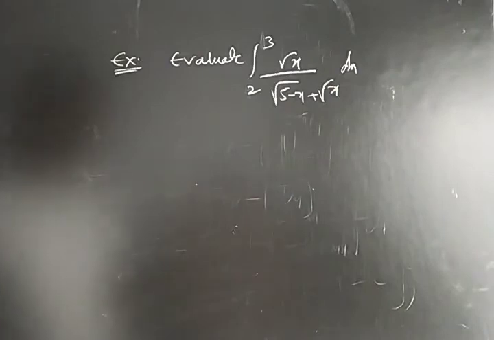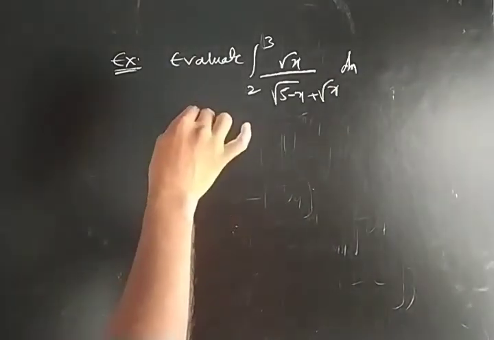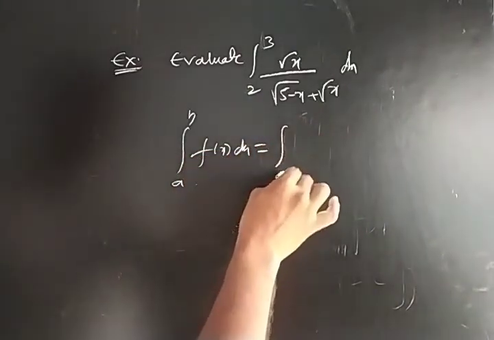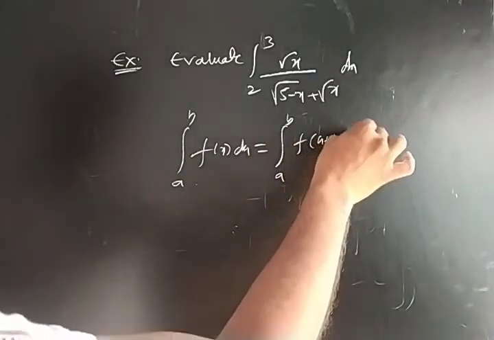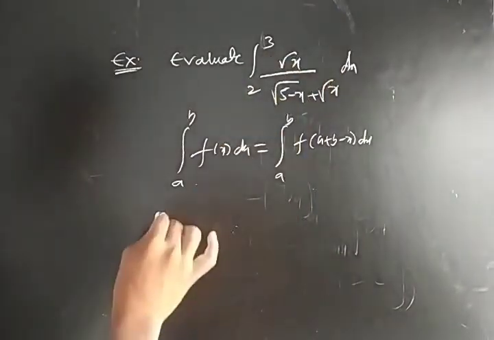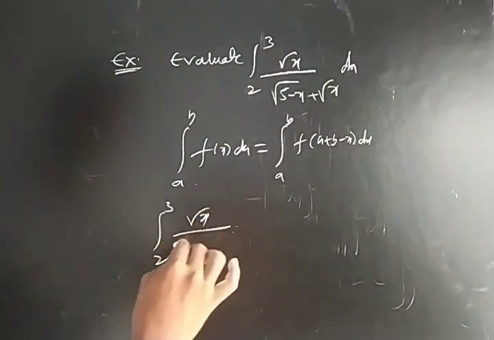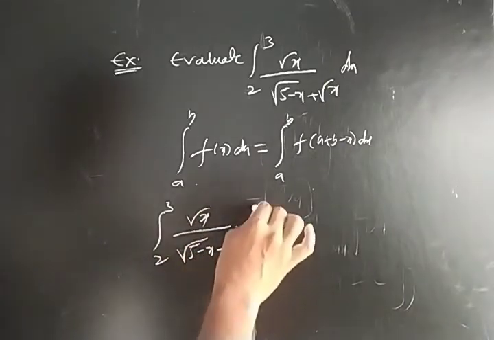To solve this question, I am using this property: the integral from a to b of f of x dx, we can write this as the integral from a to b of f of a plus b minus x dx. I am going to use this property here. So with 2 to 3 as a and b, this is f of x, root of 5 minus x plus root x dx.